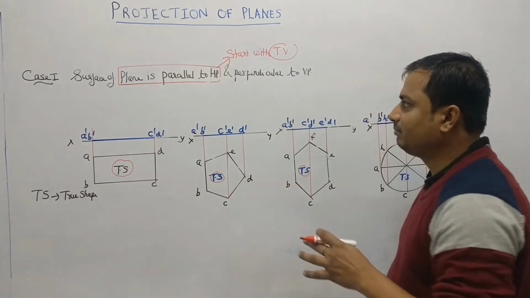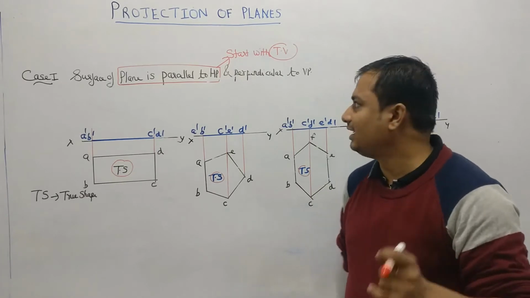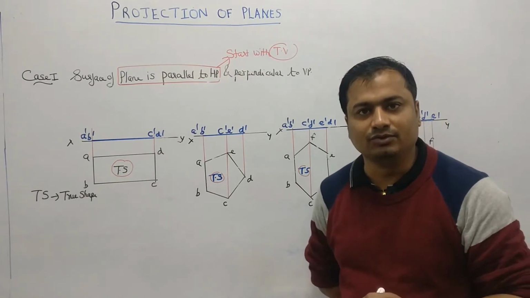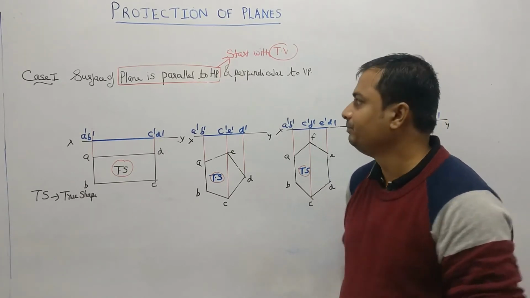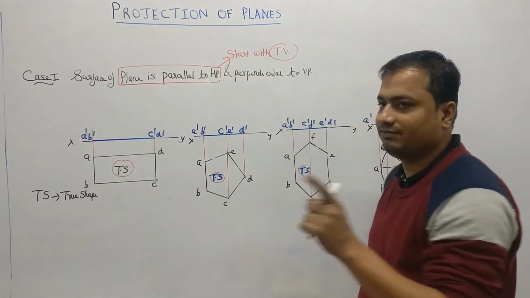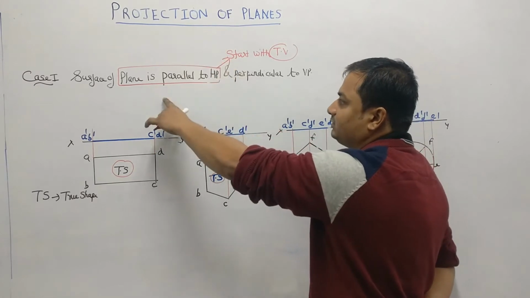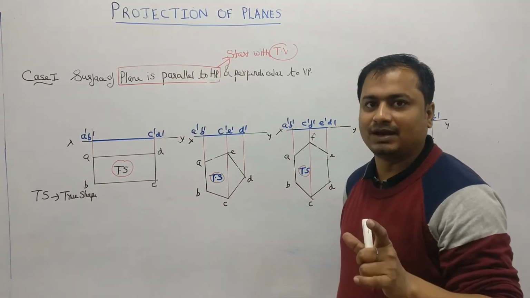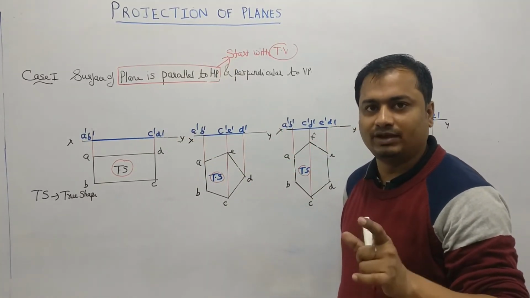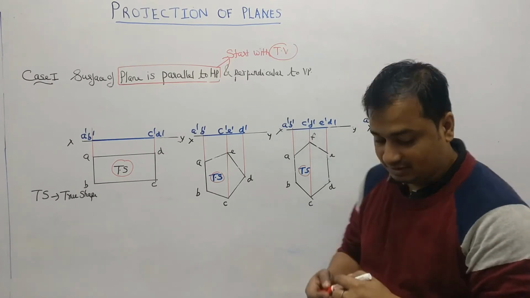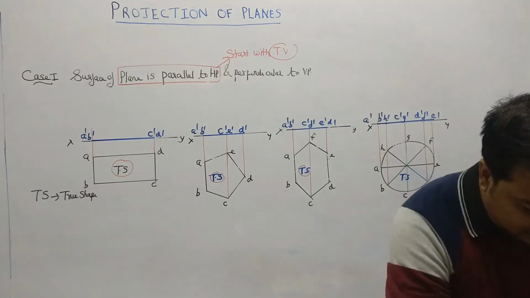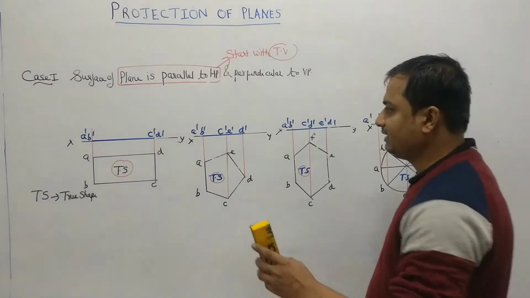So whenever your plane is parallel to HP, start your drawing with the top view. This is the first concept of this topic, projection of plane, based on case number 1: when the plane is parallel to HP, first you have to make the top view. This is the first case. Now if I reverse this case, that will be case number 2.